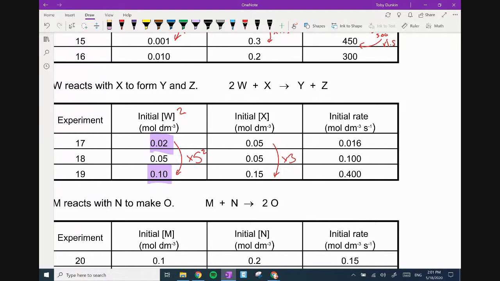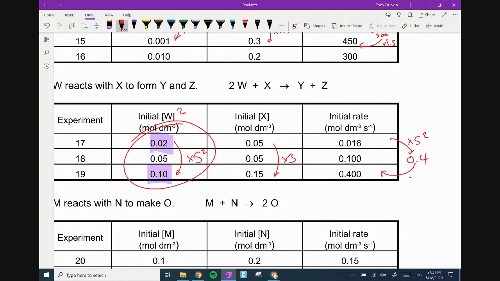Shouldn't it be divided by 2? No, I made an error, Nikita. I made an error here. I'm just going from 17 to 19. W second order. I did 0.1 divided by 0.02, and that's a 5 to the power 2 squared. So that one will have gone up by times 5 squared. 0.016 multiplied by 5 squared gives me 0.4.